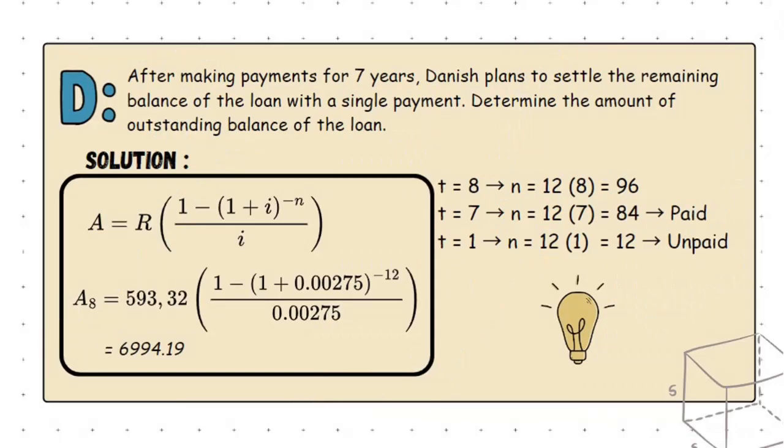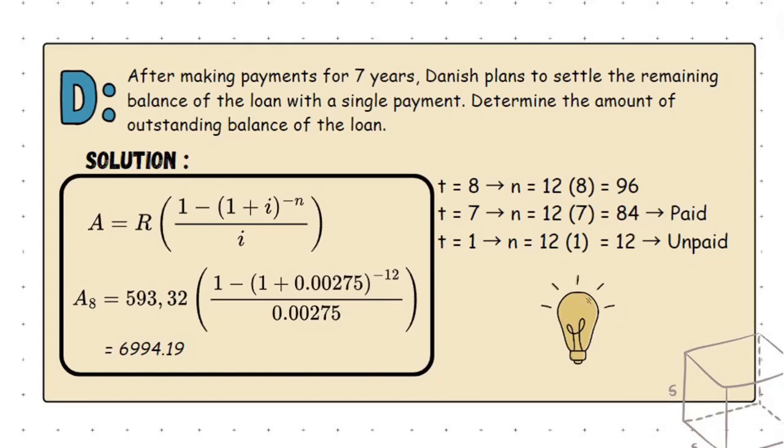So for question D, after making payments for 7 years, Danish planned to settle the remaining balance of the loan with a single payment. Determine the amount of outstanding balance of the loan.